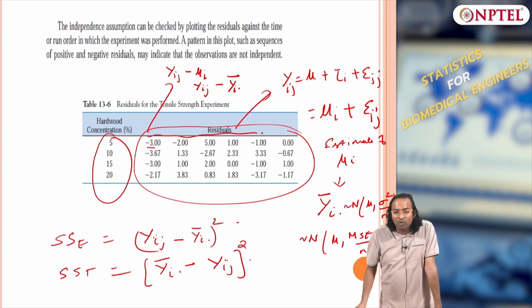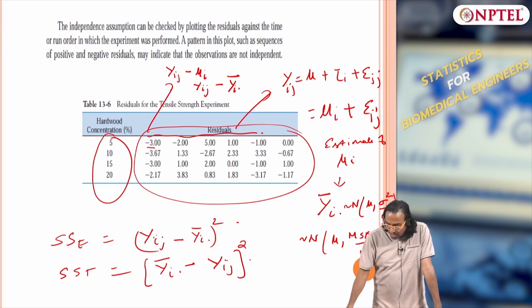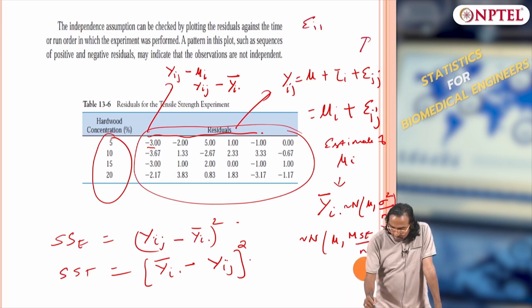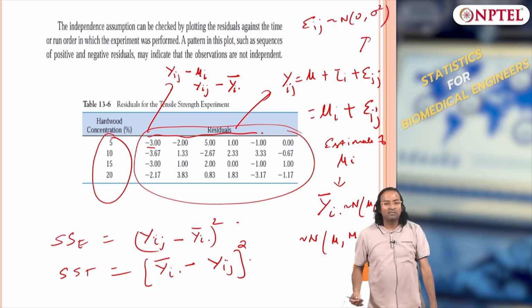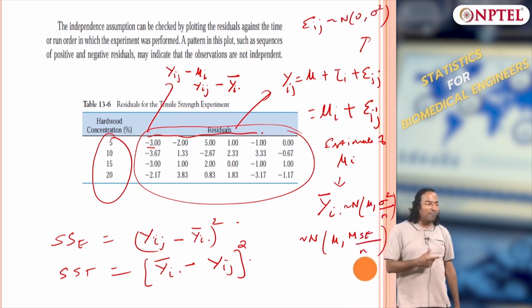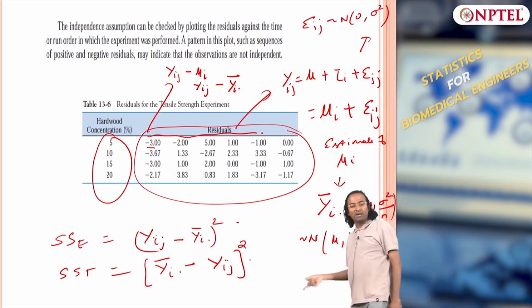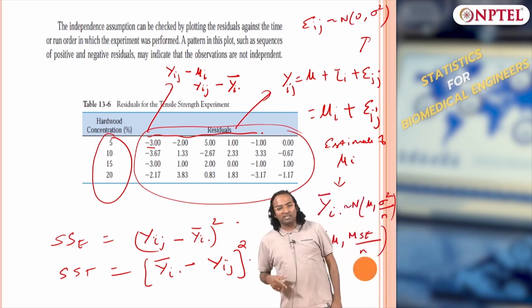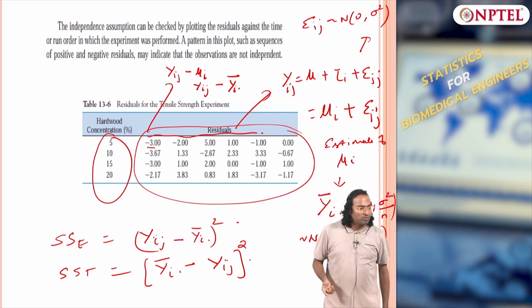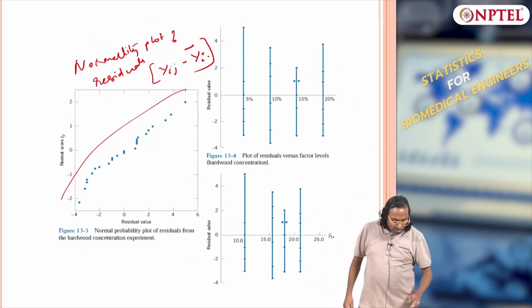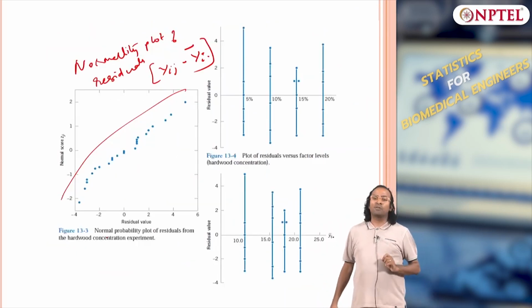What did we assume about epsilon ij? We assumed epsilon ij is Normal 0 comma sigma squared. When you take a sample it will become sigma squared over n, but the true assumption about noise is 0 comma sigma squared. So the residual should also be normal first.